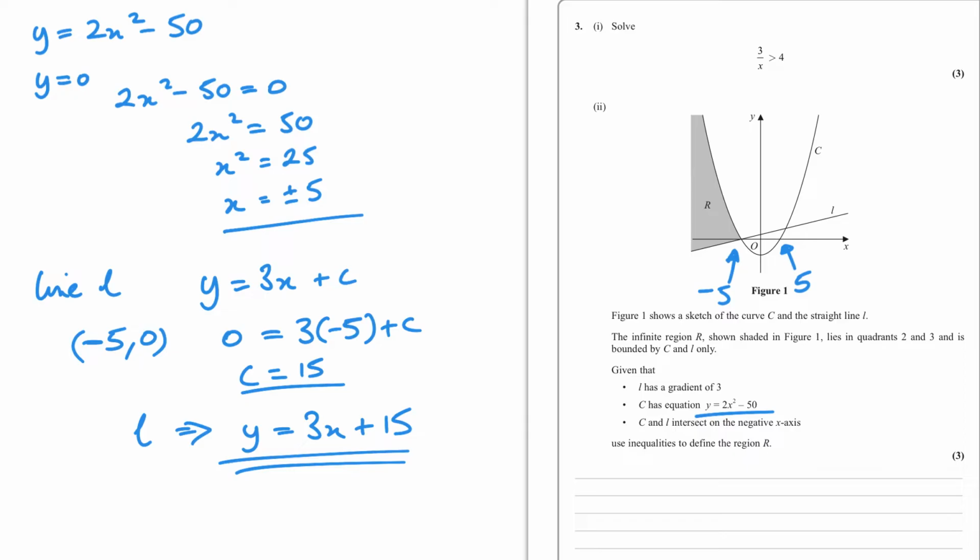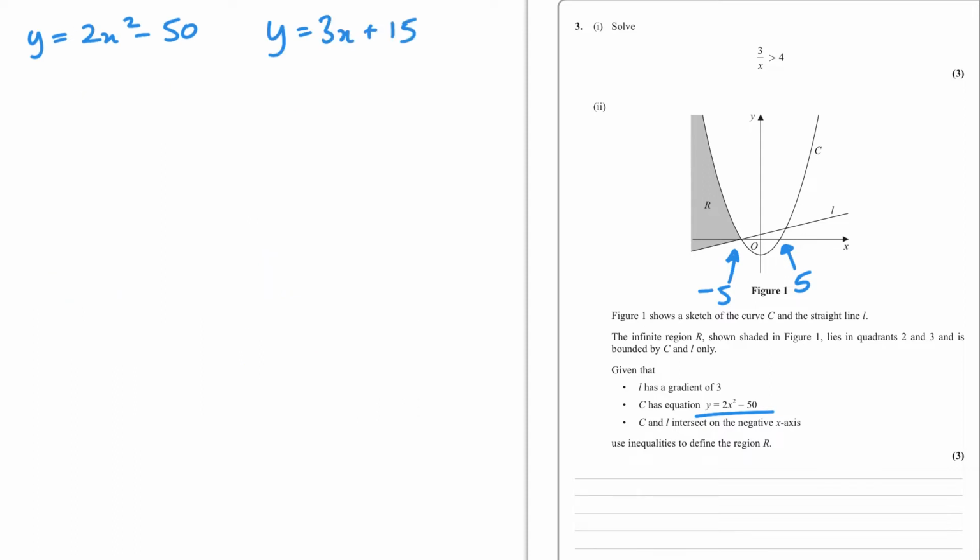Now all that's left is to define the region with inequalities. So first let's have a little look. If we're talking about this curve, we want less than the curve, below the curve. So we want y to be less than 2x squared minus 50.